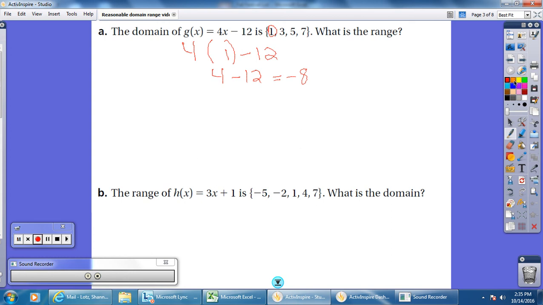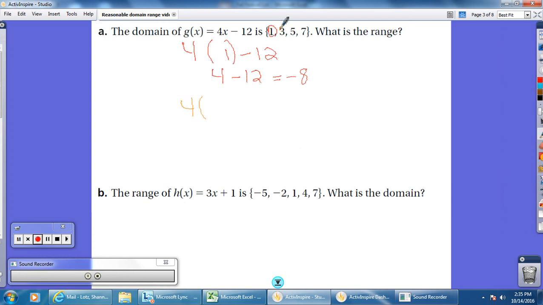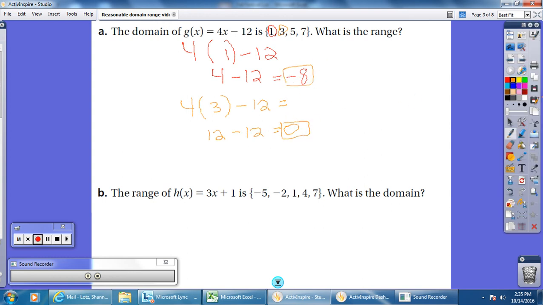Okay? Then we're going to do that with the next number. The next number is 3: 4 times 3 minus 12 is equal to, so 4 times 3 is 12, minus 12 is equal to 0. So then we have negative 8 so far as an output and 0 so far as an output.